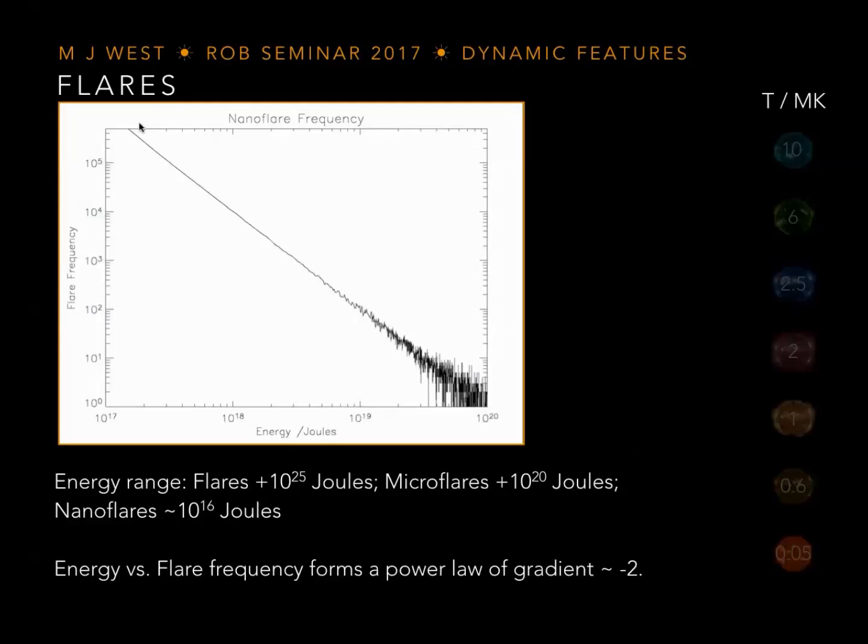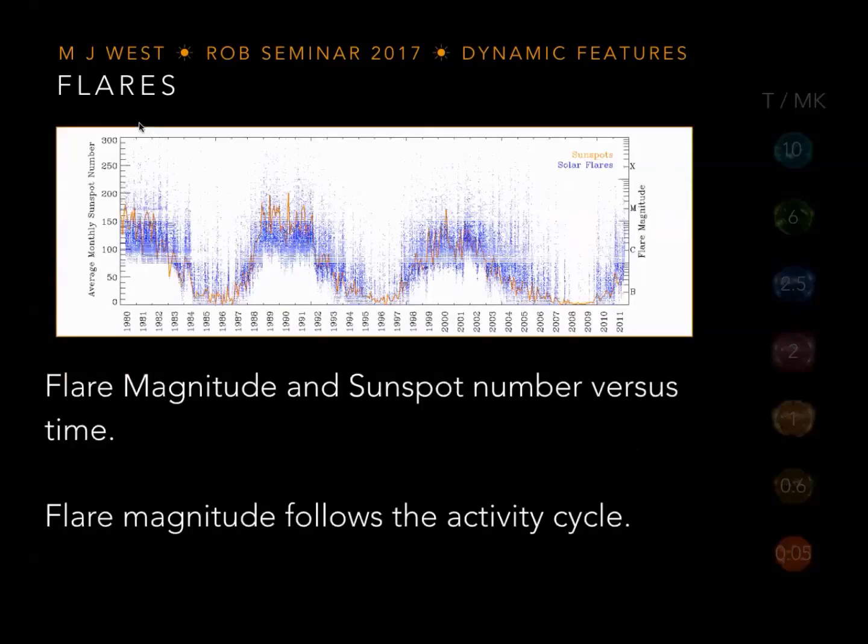And I grabbed this plot, which is showing the average monthly sunspot number, and it's got the flare magnitude plotted on the same plot. I just want to highlight the solar activity cycle again, which is this magnetic cycle. What we find is during periods when we have sunspots, and therefore more active regions on the sun, we've got more of these active regions twisting and breaking and releasing energy and producing very high energy flares.